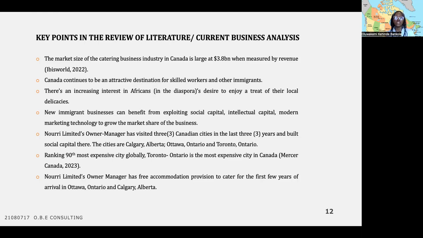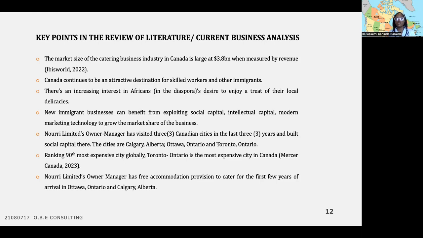She has visited those cities previously, and in these cities, she has served clients, which has helped her to build a sizable clientele base there, to develop social capital and build social networks, which are crucial for her business to have a strong setup and a big advantage when she eventually decides to start off a business in Canada.